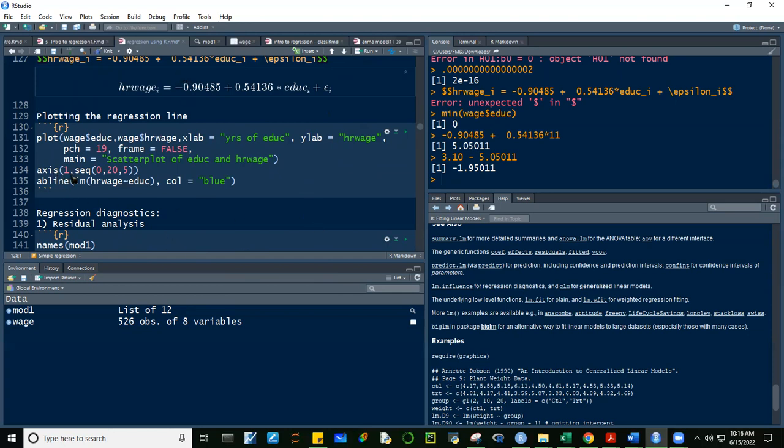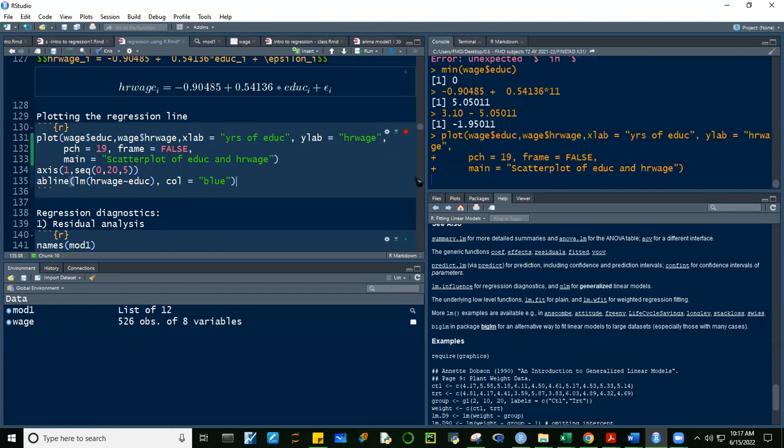Then binago natin yung x-axis, and then maglagay tayo ng horizontal line. abline is the line for your regression line, no? Ito. abline, okay, lm ng hourly wage and education. And then we said that it's colored blue. Let's plot this.